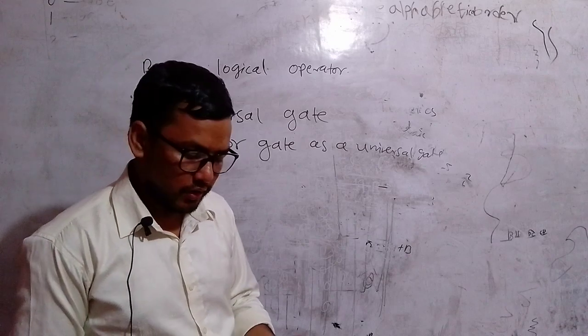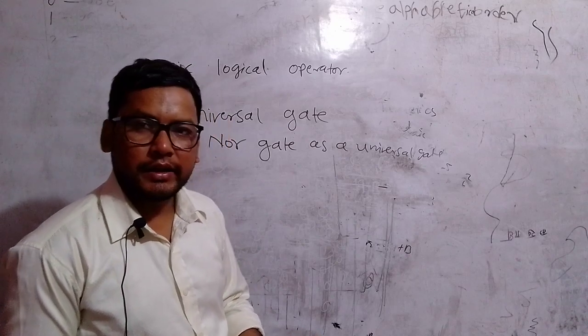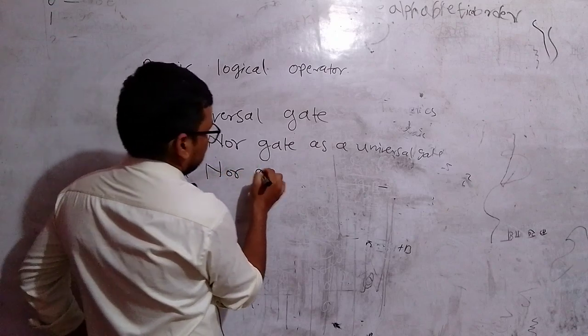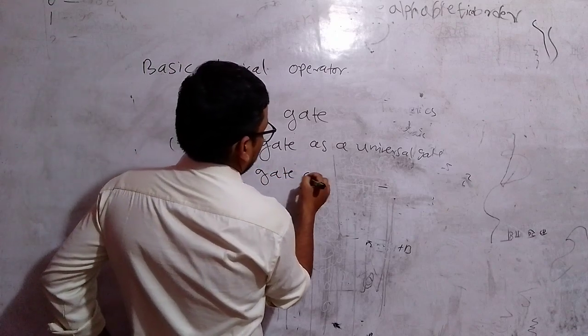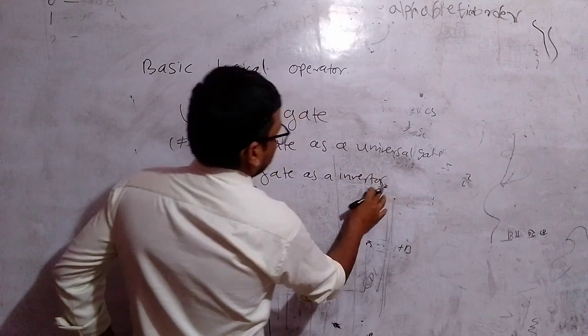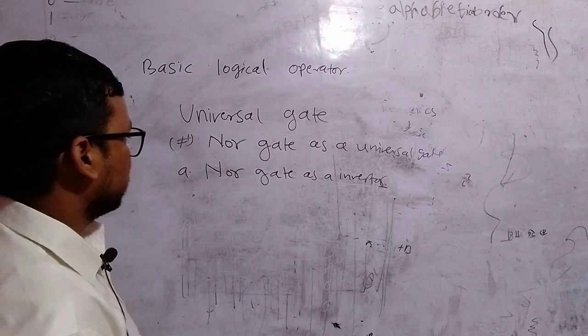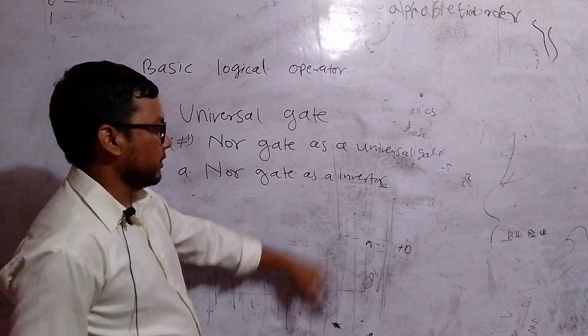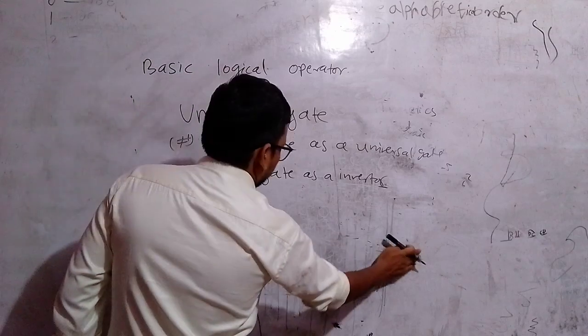All of the basic gates means NOT gate, OR gate, AND gate. Now, NOR gate as an inverter. Inverter means NOT operation. How does the NOR gate act as an inverter, or how does the NOR gate perform the NOT operation?